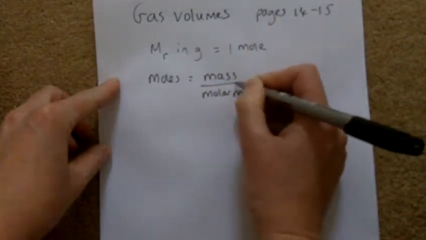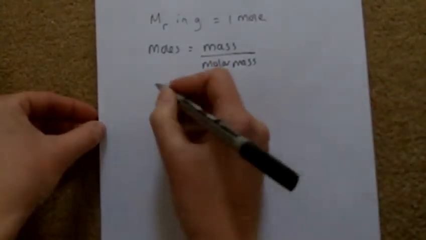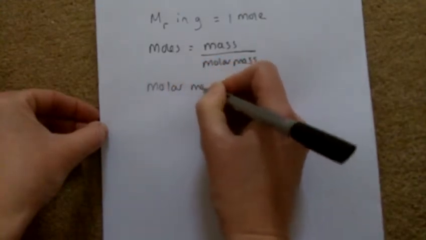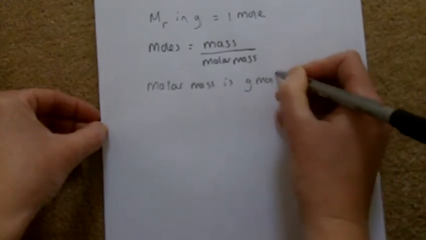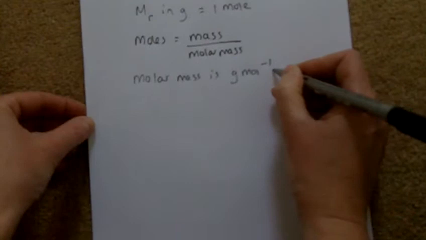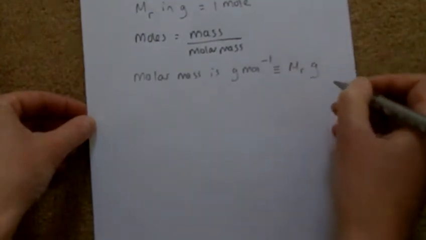So we've done this previously. We also know that the molar mass is the grams per mole, grams per mole for every mole. And effectively, it's the same thing as the relative molecular mass in grams.